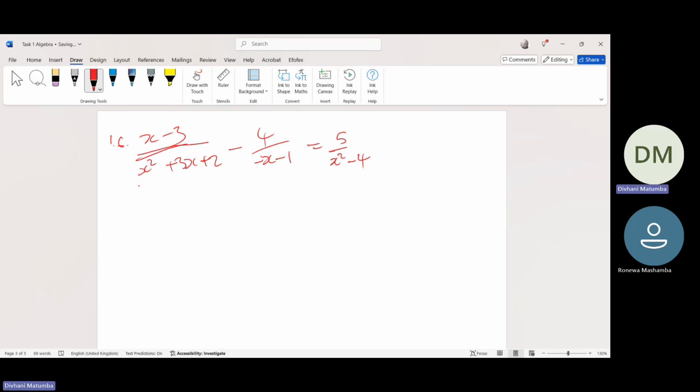So in order to factorize the first expression, we have x minus 3 over... Ronewa, how can we factorize the expression x squared plus 3x plus 2?